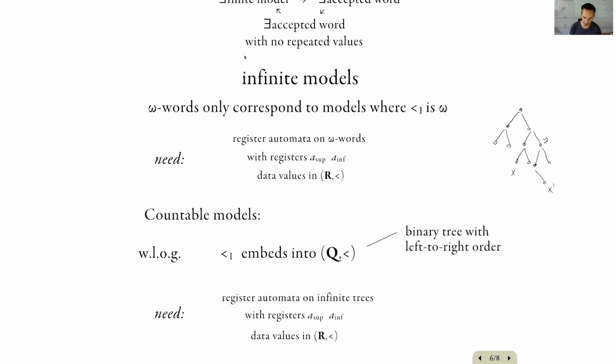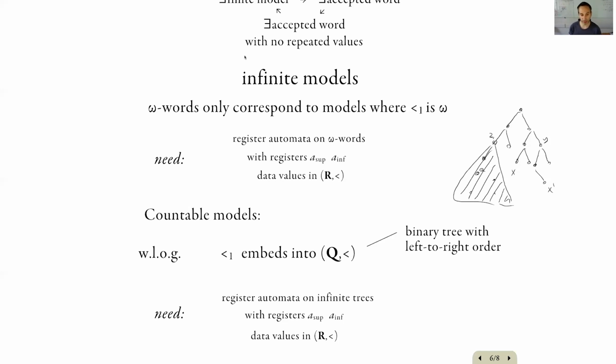And also at any given node, the automaton can access the supremum or the infimum of all the values associated to descendants of the current node with a specified label.